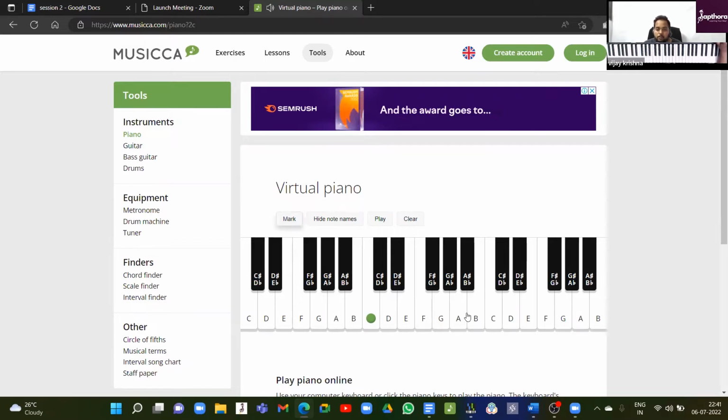So the notes from C to C are 1, 2, 3, 4, 5, 6, 7, and 8 will be the C note.